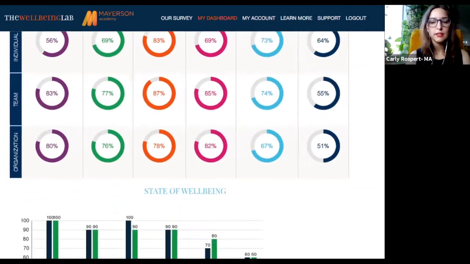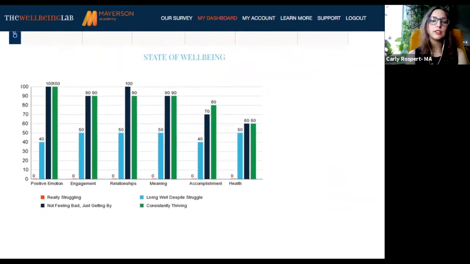And then, now if I scroll down, there's also this graph of state of well-being, and you'll see this sort of consistently mimicked throughout the other sections. And it takes that quadrant, remember, of thriving and struggling, and it categorizes people in those: really struggling, not feeling bad, just getting by, living well despite struggle, and consistently thriving.